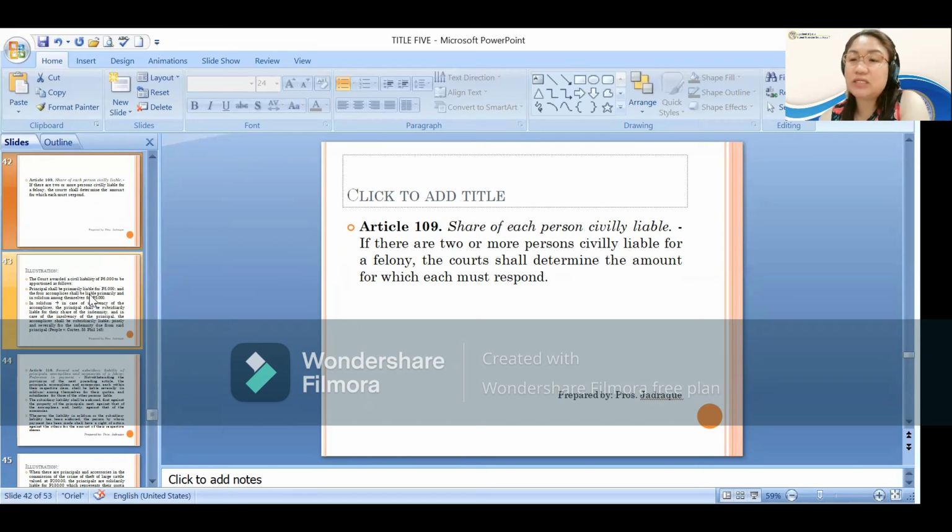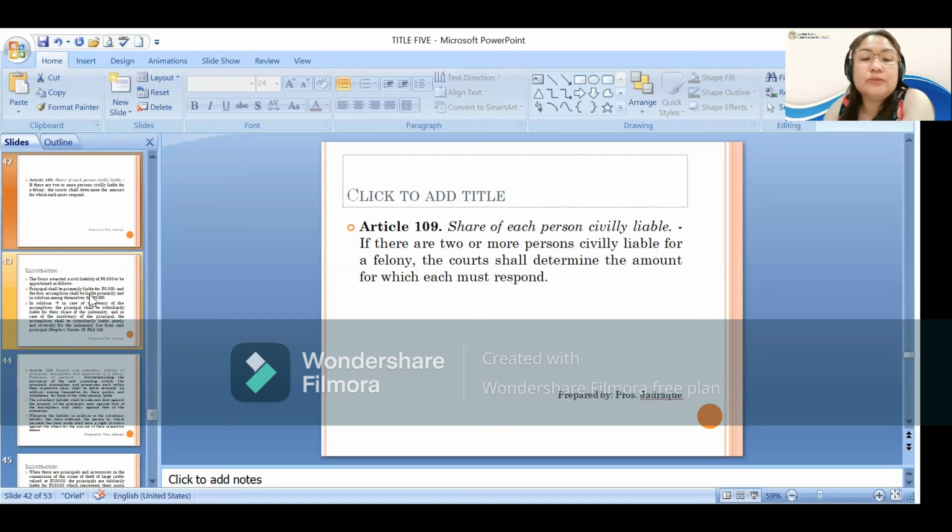Because it doesn't mean that if the court awarded 50,000 to the heirs of the deceased victim, the accused would pay 50,000 each, because the 50,000 there is awarded to the heirs of the deceased as a whole. So it has to be shared alike, divided by all of the accused.